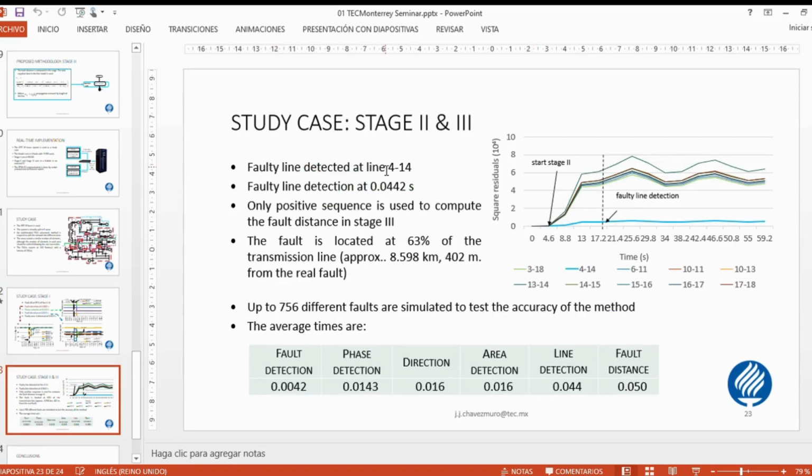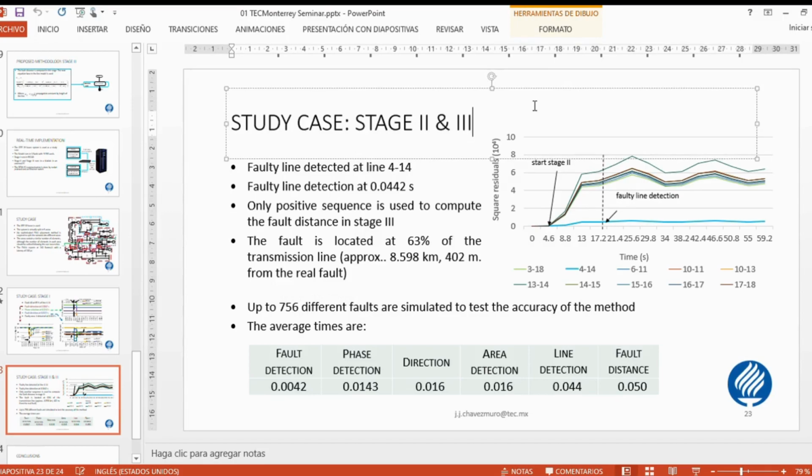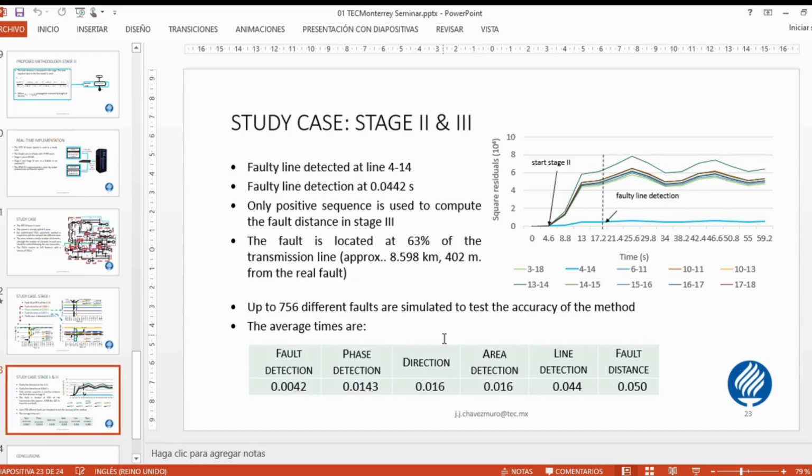Now we detect the area under fault. What is the area? Faulty area 4, determined by 4. Then we have the residuals, and the residual from the faulty line is noticeably small. So it's really easy to determine the line under fault: it is the 414. And here we don't have all the lines.